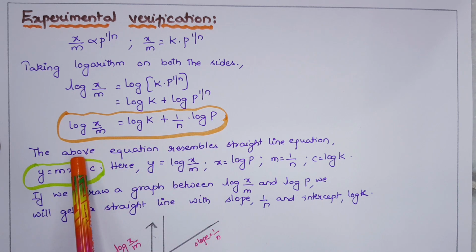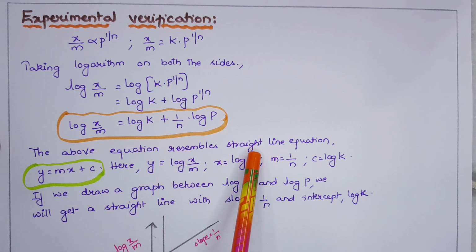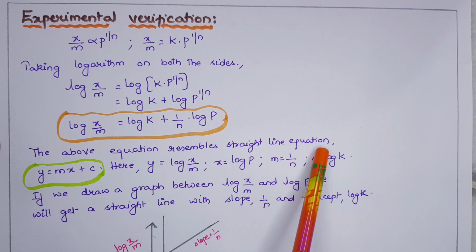Now this equation resembles the straight line equation. What is the straight line equation? y equals mx plus c.